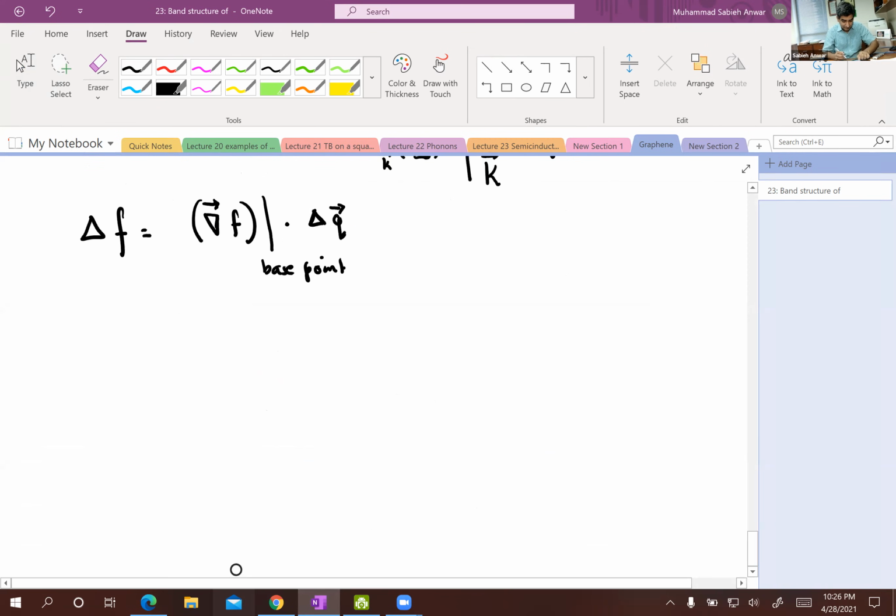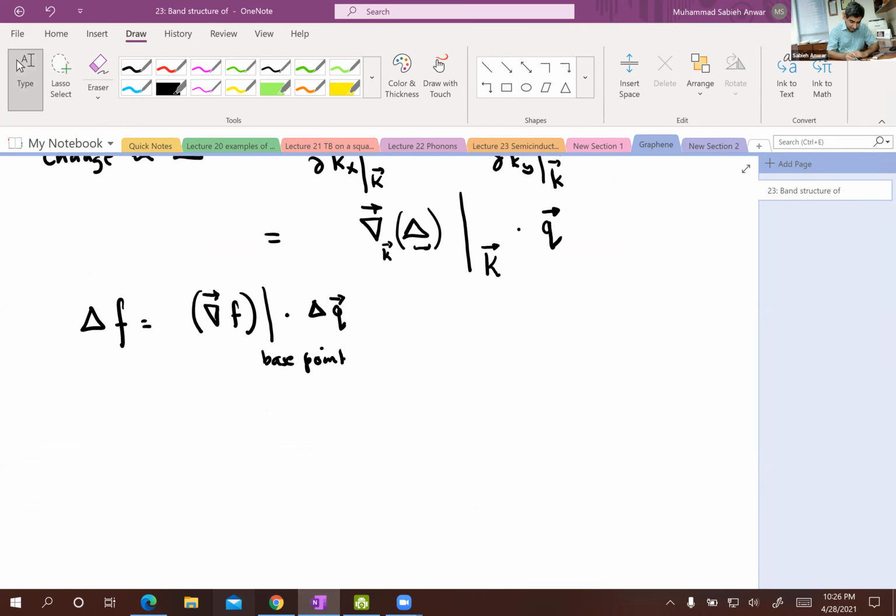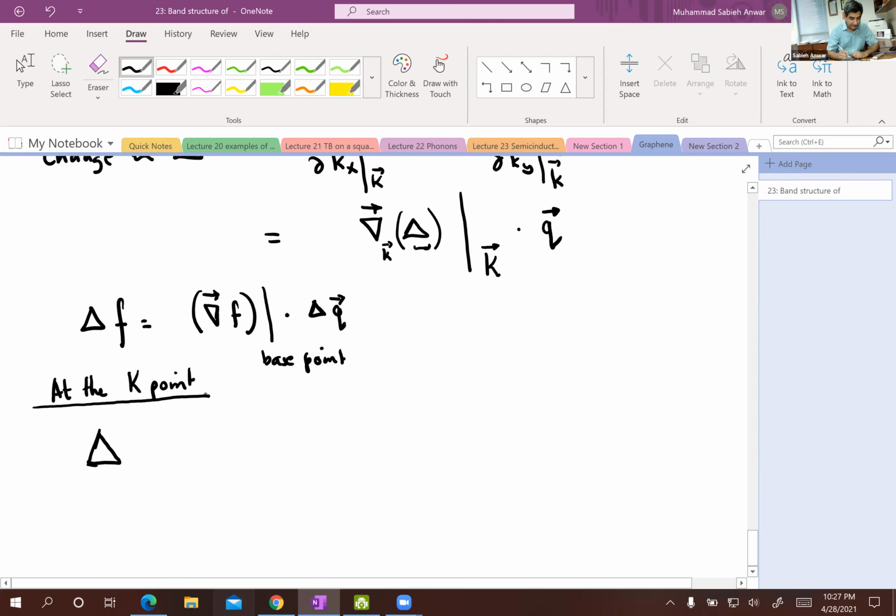The delta at the K point, my delta is going to be approximately given by minus 3 by 2, approximately because it's just the lowest order expansion, the Taylor series, a, e to the i, Qx minus i Qy.